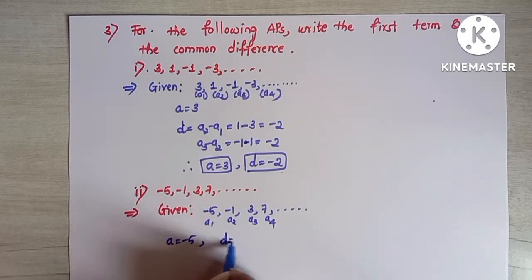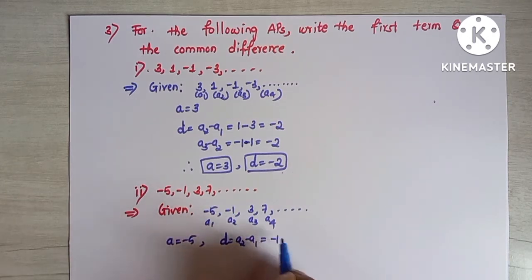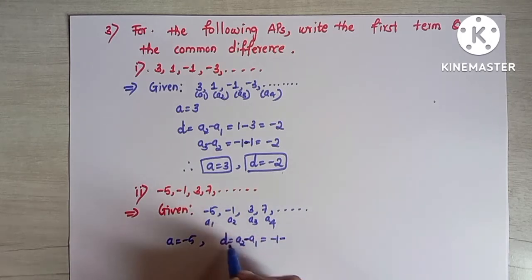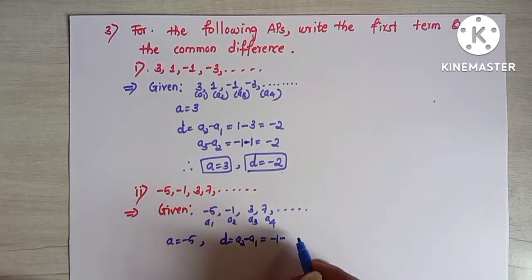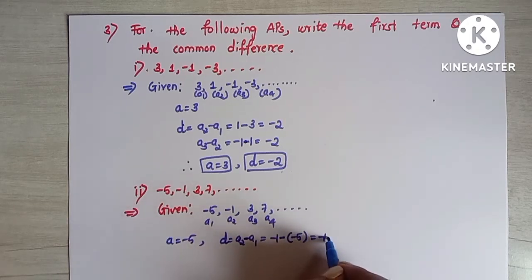What is D? A2 minus A1. So what is A2? Minus 1 minus, what is A1? A1 is minus 5. So whenever there is minus sign, we have to put a bracket. Therefore, it is minus 1 minus of minus 5. Minus into minus is plus, that is 5.